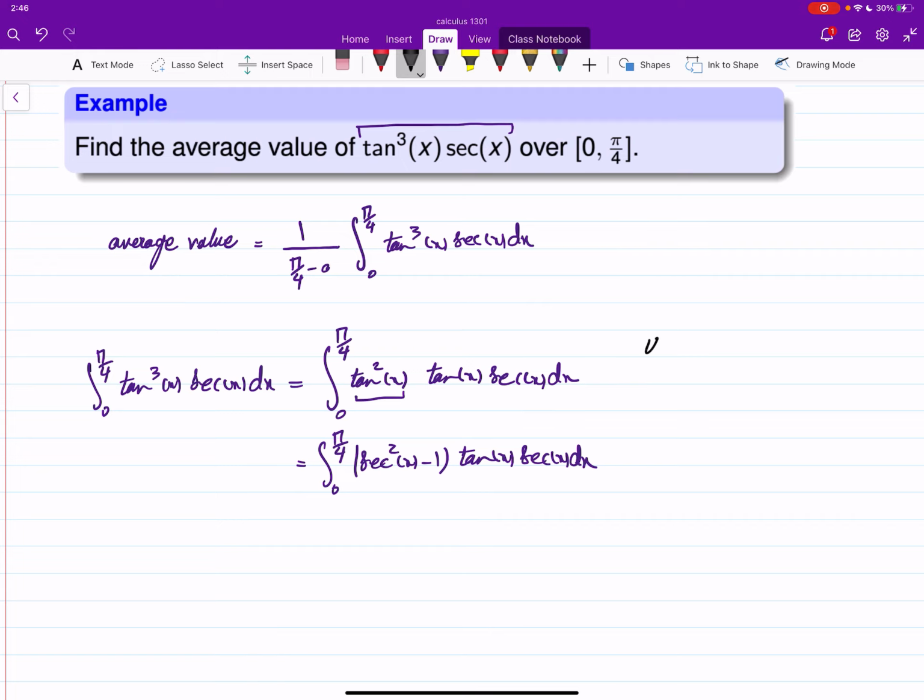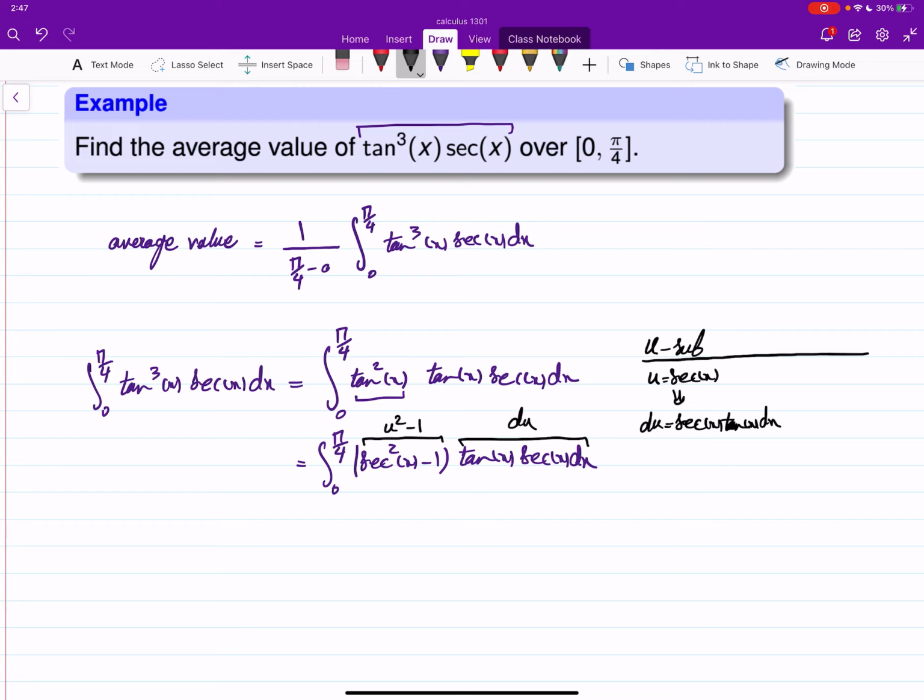So let me just write u sub, and I have u equal to secant x. I have been writing that all the time in this video. So tan x dx, that will take care of this part.